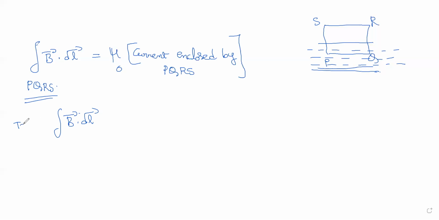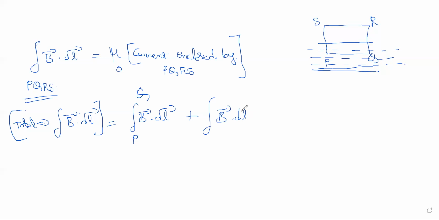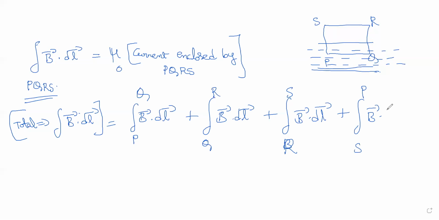The total B bar dot dl bar is nothing but the integral of B bar dot dl bar along PQ, that is from P to Q, plus the integral of B bar dot dl bar along Q to R, and the integral of B bar dot dl bar from R to S, plus the integral from S to P of B bar dot dl bar. Okay, please note it up to here.